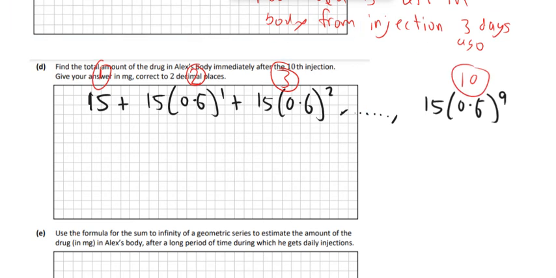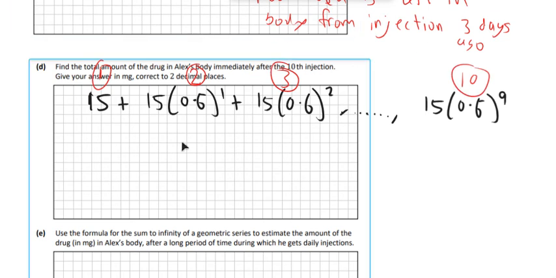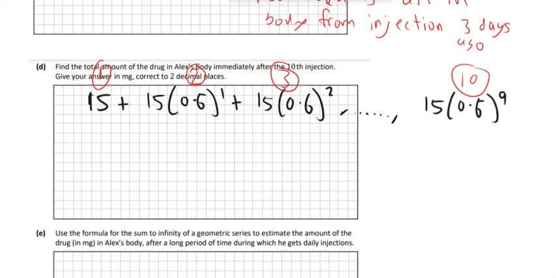It's a sequence really, and it's a geometric sequence, so you can just use the formula for the sum of a geometric sequence, and that is S of n equals a times 1 minus r to the power of n, all over 1 minus r.